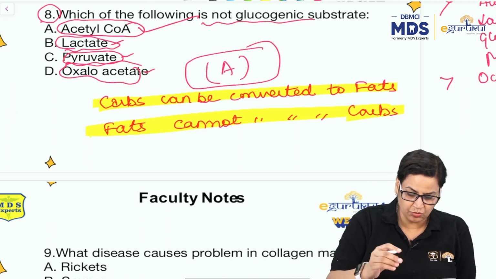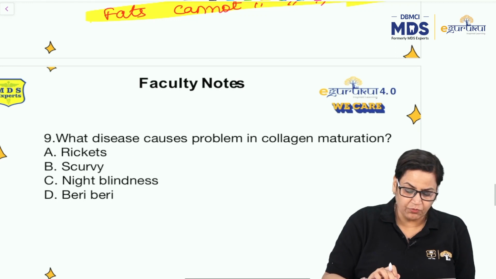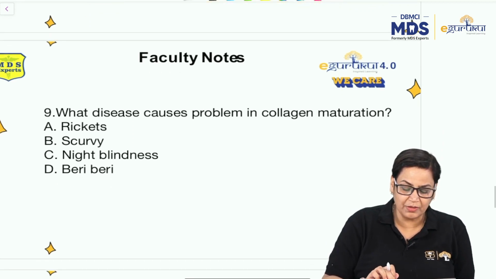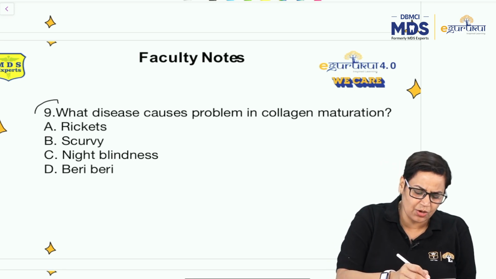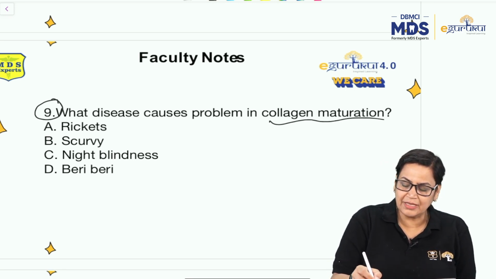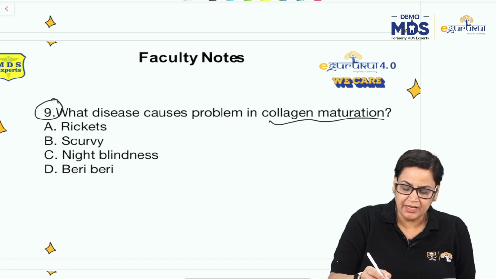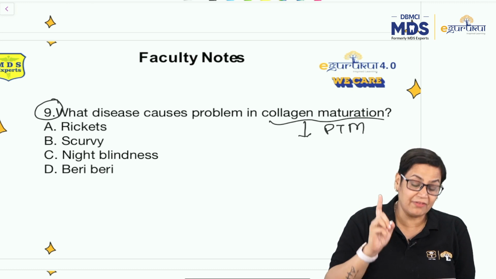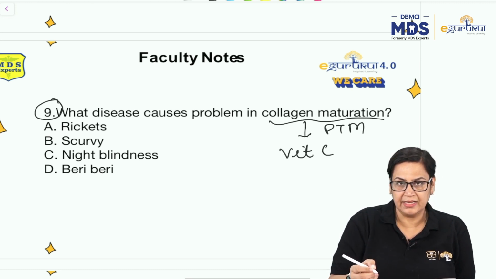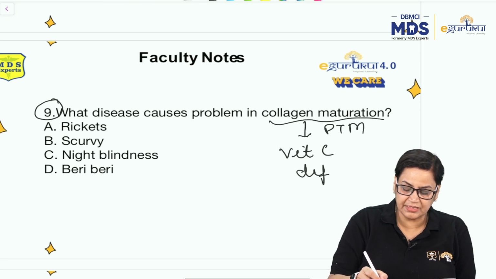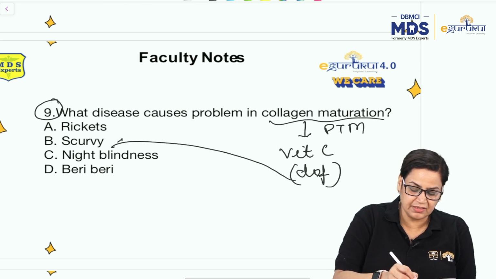Then moving on to question number 9. What disease causes problem in collagen maturation? A very simple question, just now I discussed. Collagen maturation ke liye always remember, this is post-translational modification, and the vitamin which is required is vitamin C. Deficiency of vitamin C leads to scurvy.